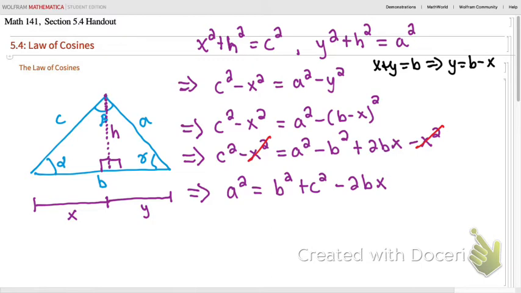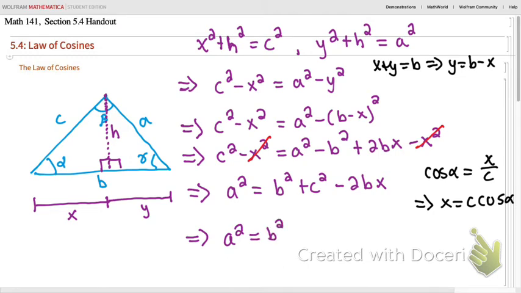Using the picture in the bottom left, if we apply cosine to the angle alpha, cosine is adjacent over hypotenuse, so cosine of alpha is x over c. So x is c cosine alpha, and the resulting equation becomes a squared equals b squared plus c squared minus 2bc cosine alpha.